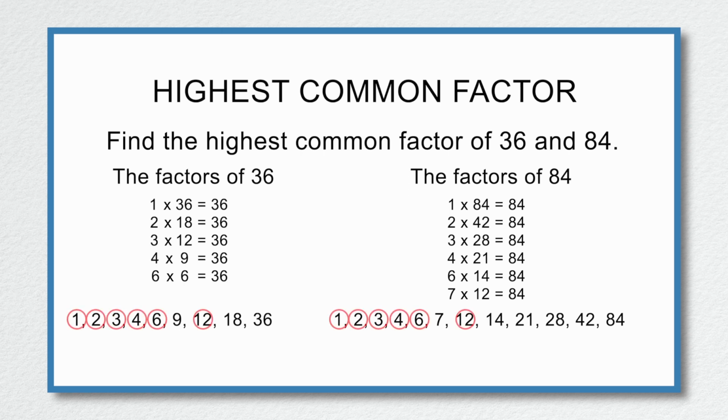So we have common factors of 1, 2, 3, 4, 6 and 12. And so the highest common factor of 36 and 84 is 12.